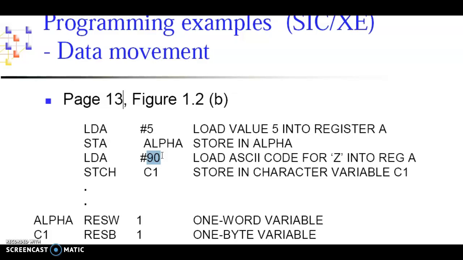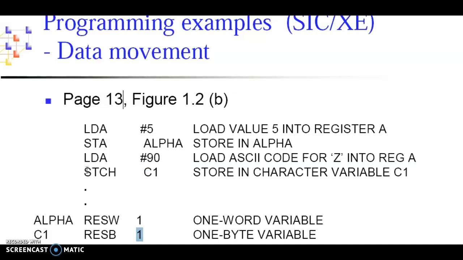The ASCII code value for z will be stored in the accumulator, and then you need to store the value from the accumulator to the memory variable C1, which is reserved for storing a 1 byte variable.